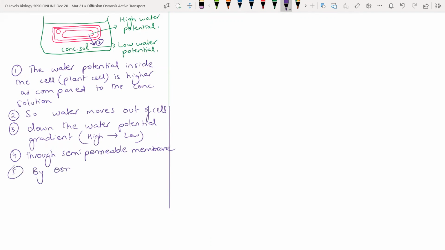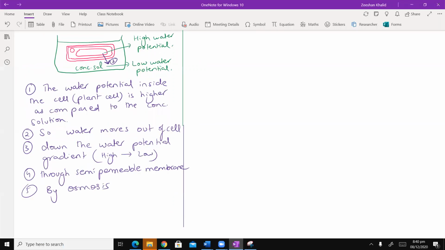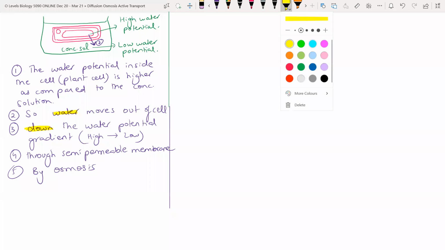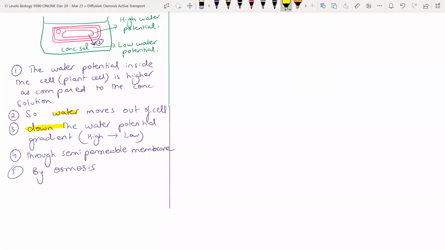By osmosis. Now, let me highlight all of the important stuff that I've written so that you know that all of this has to be written. So that's the yellow color. So we've identified the water potential gradient. So water moves down the water potential gradient, through the semi-permeable membrane by osmosis.